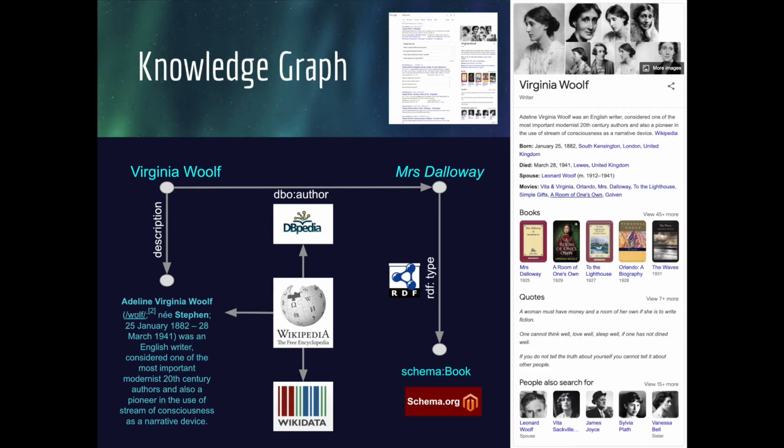It also may be getting the information that Woolf is the author of Mrs. Dalloway from DBpedia, which is the linked data representation of Wikipedia. And it is typing that book perhaps as a book through the RDF type attribute, RDF type being part of the RDF schema, a standard developed by the World Wide Web Consortium.